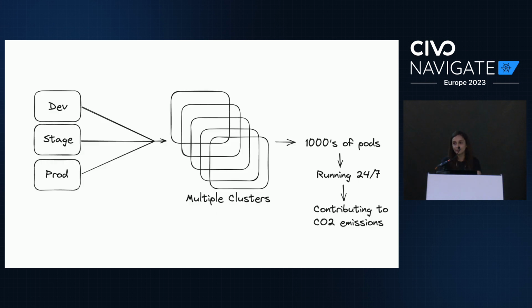How many of you think that thousands of pods are required to be running 24/7 in your dev, stage and prod environments? As you are all aware, we have these environments, but do you think we need thousands of pods running on them always, 24/7? Because they are contributing to CO2 emissions and there are multiple clusters.